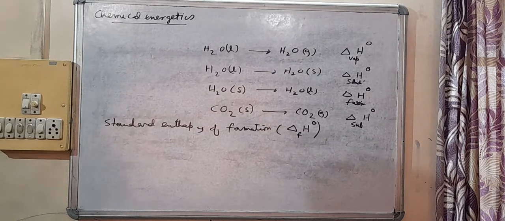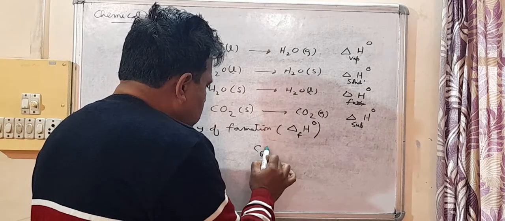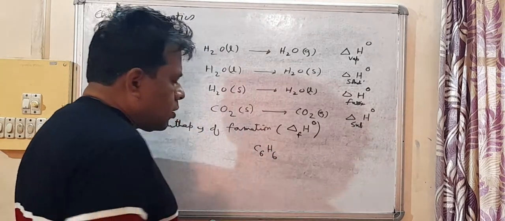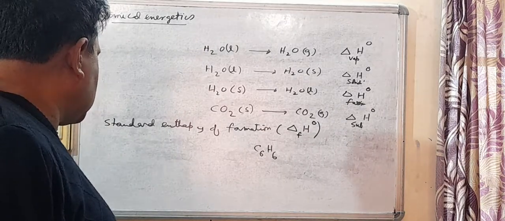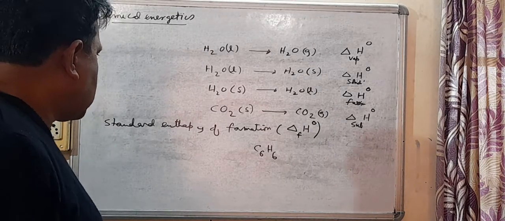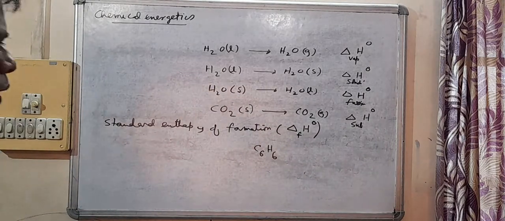Let us consider formation of a substance, suppose benzene. Benzene is C6H6, and the normal physical state of benzene at a temperature of 298 Kelvin is liquid.